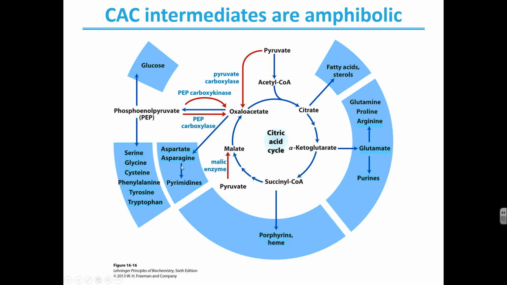Oxaloacetate can be used to produce certain amino acids as well as nucleotides. Same for alpha-ketoglutarate. Citrate is used in the production of some of our fatty acids. So it's a highly convoluted process that we can look at. And that's really what makes metabolism, I guess, more difficult and challenging to learn, but it's also what makes it very interesting.